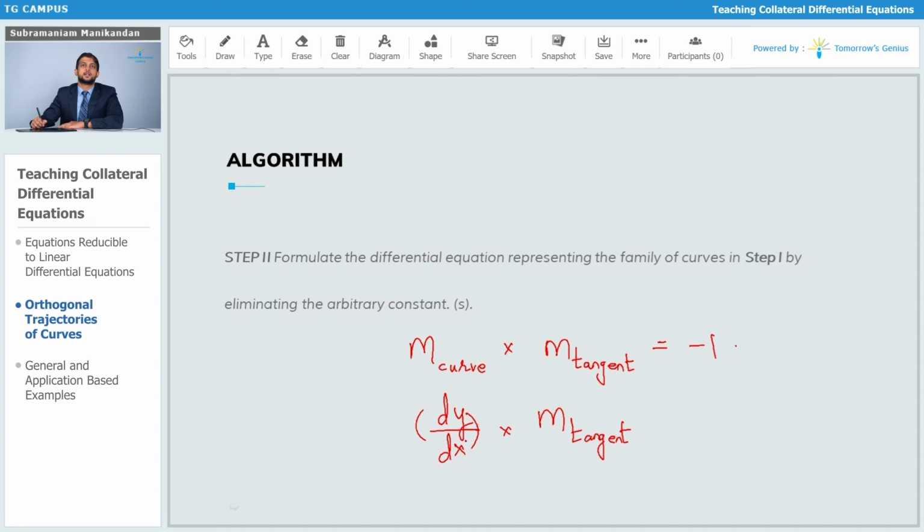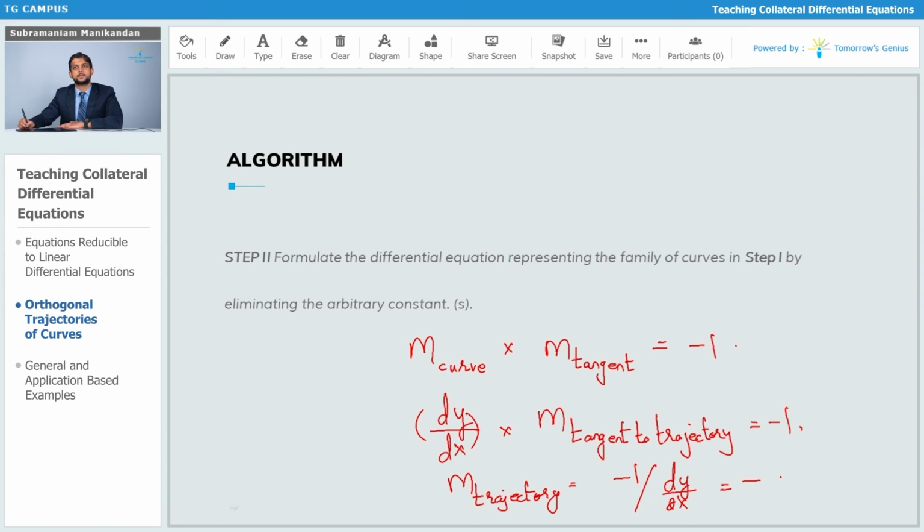The slope of the curve is given by dy by dx, and therefore the slope of the trajectory is equal to -1 over dy by dx, or you could also write it as minus dx by dy.